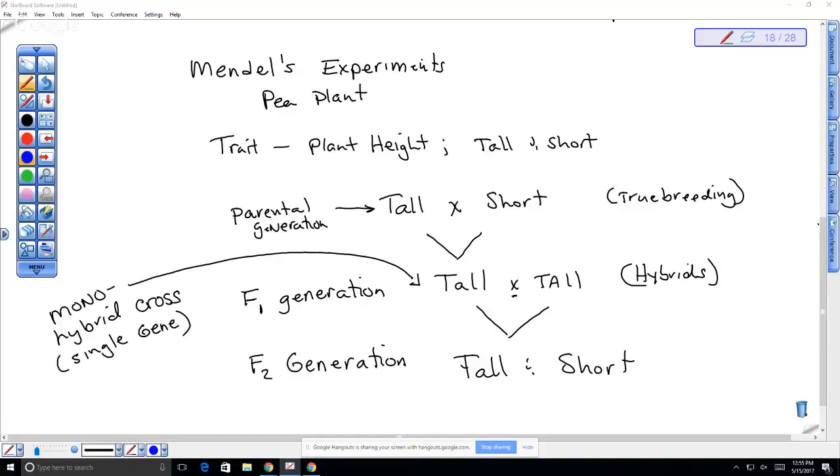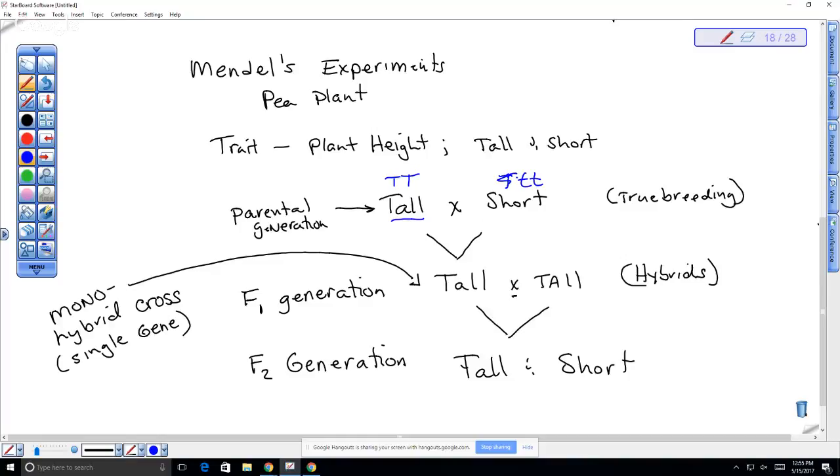If it is true breeding for tall, what do you think its genotype is? True breeding for tall, what do you think the genotype would be? Big T, big T. Yep. If it is true breeding for short, little t, okay.